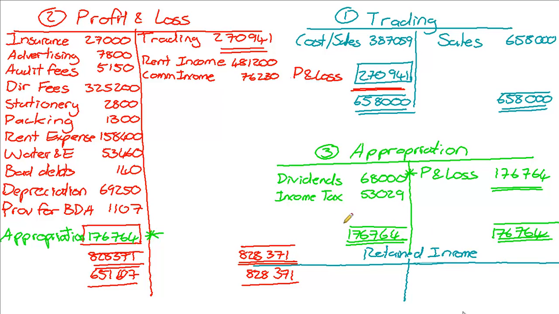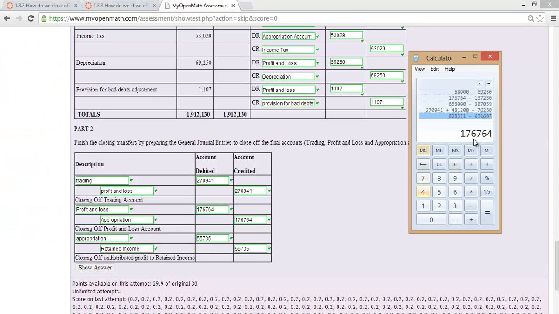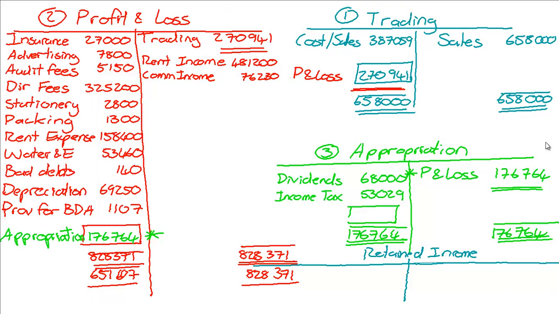And I know that the balancing figure is then going to be on the debit side, because the debit side is the smaller side. So the balancing figure is going to be here, and I can calculate that quickly. Take our calculator. We've got our 176,764, which is this credit amount right here.